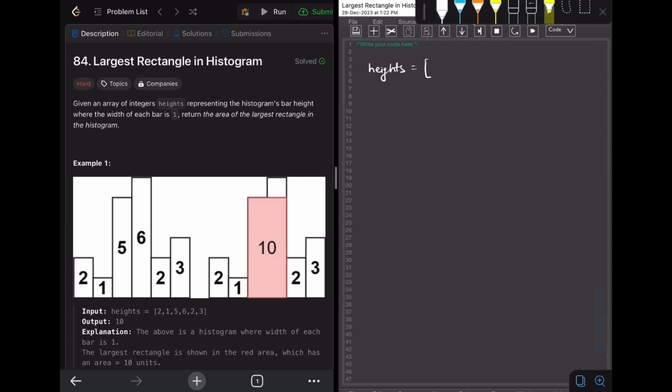Let's say our heights are 2, 1, 5, 6, 2, and 3. We'll draw the histogram. The diagram is not up to scale. We're just trying to get an idea about what the problem looks like.